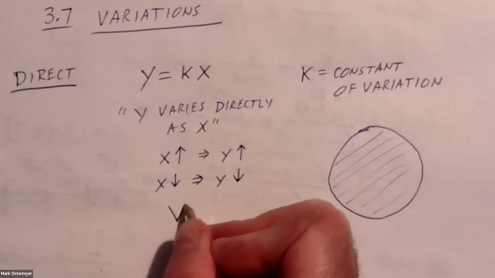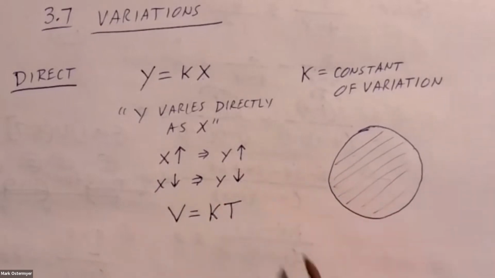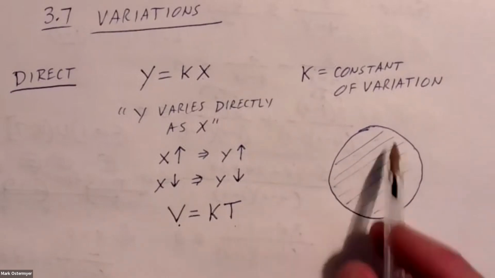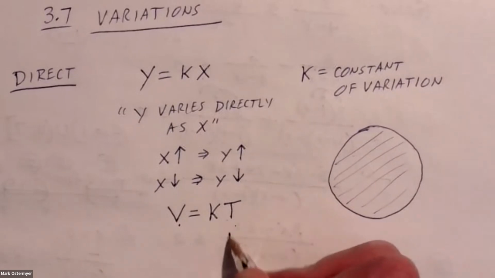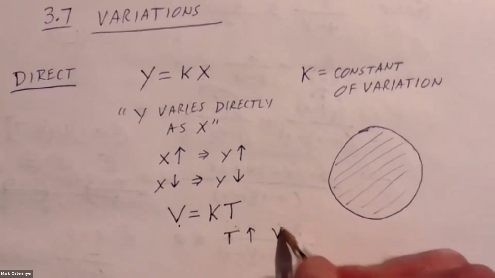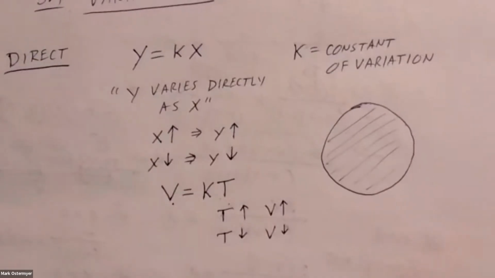We say volume is directly proportional to the temperature of the gas. V stands for volume, T for the temperature of the gas. If the temperature increases, the volume increases. If the temperature decreases, the volume will decrease. You could even try this at home.